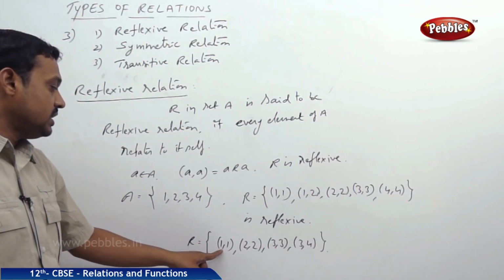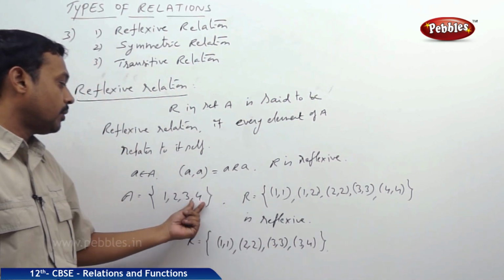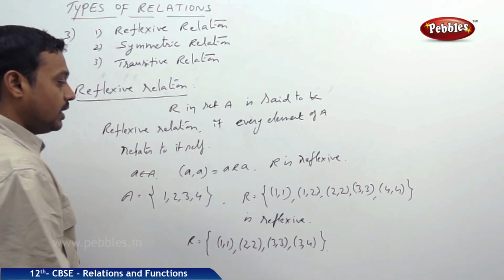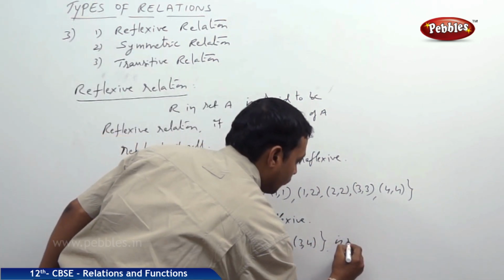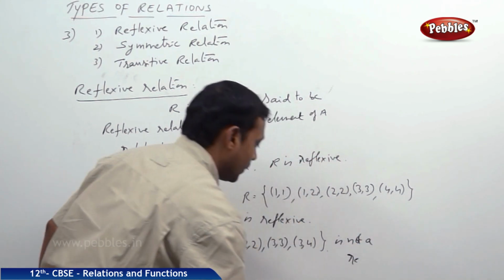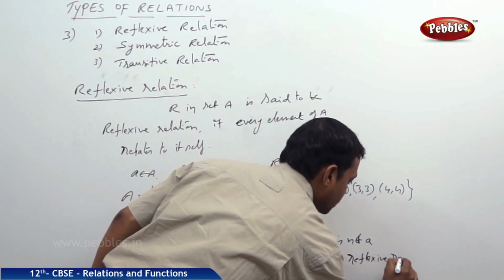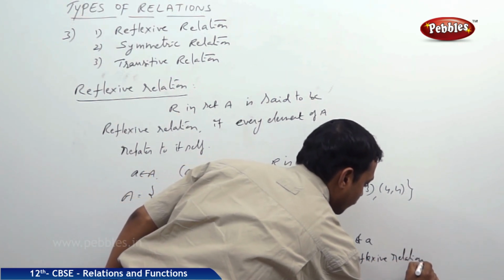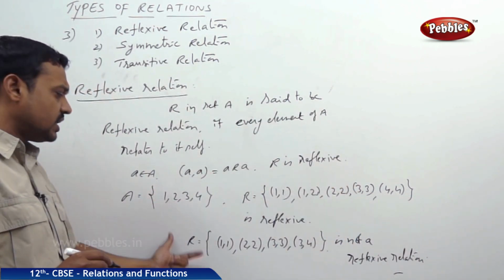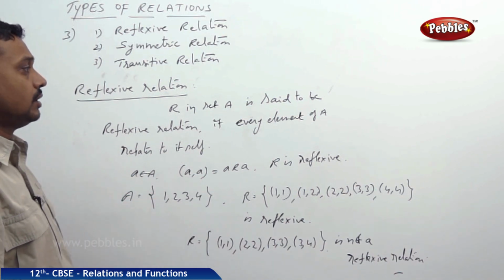Because here 1 is related to 1, okay, 2 comma 2, okay, 3 comma 3, okay, but what about 4? 4 is not relating to 4. So it is not a reflexive relation. But of course it is some relation, but not a reflexive relation.